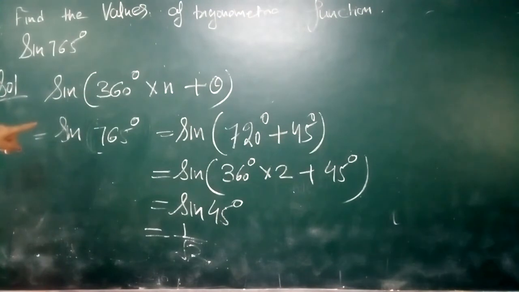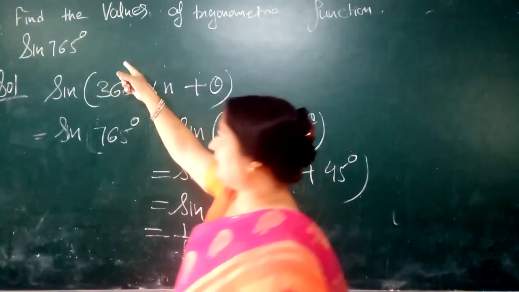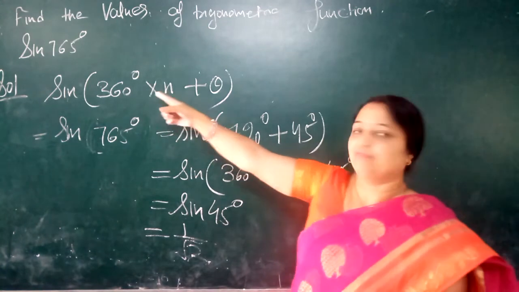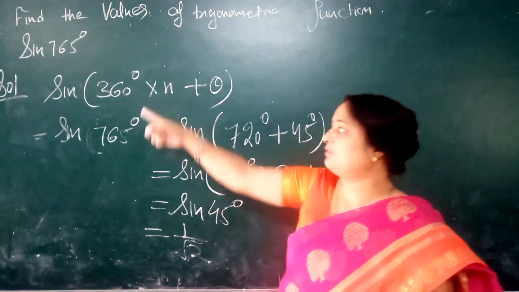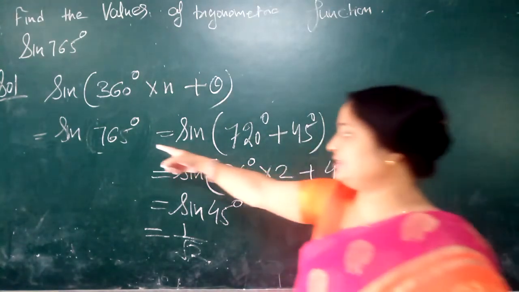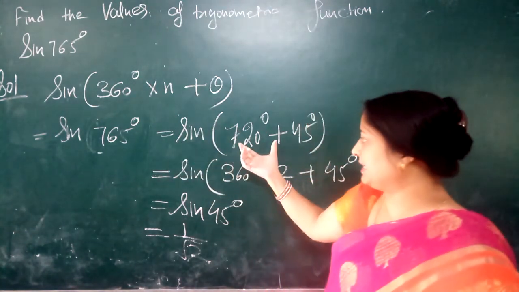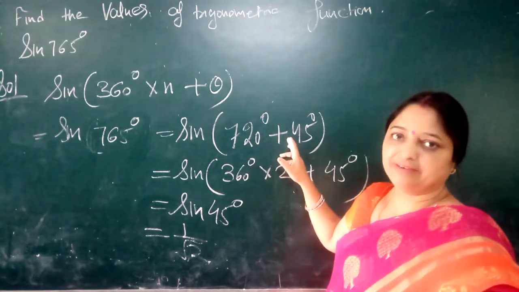Once again I am telling you: first of all, sine 765 degree. The formula is sine of 360 into n plus theta, and we can write 765 degree by breaking it as 720 plus 45.